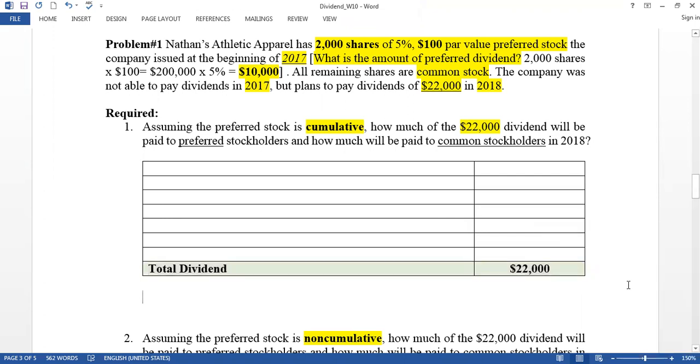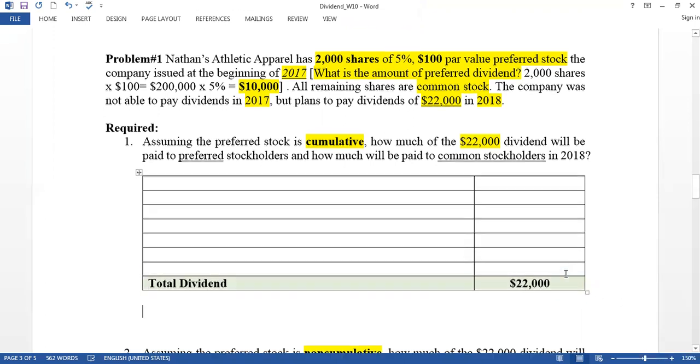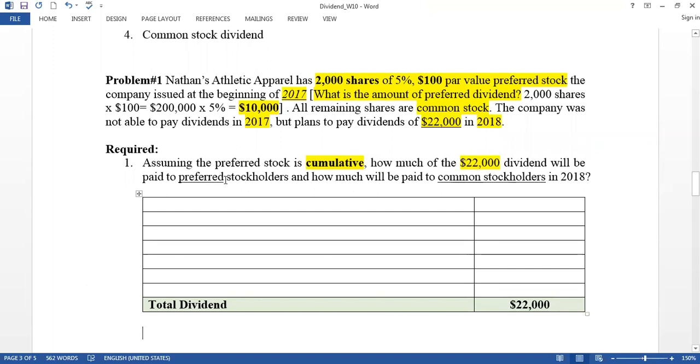Now this $22,000 according to assumption one, some part will go to the preferred stock and some part will go to the common stock. We don't know the amounts now, so we have to do some calculation.